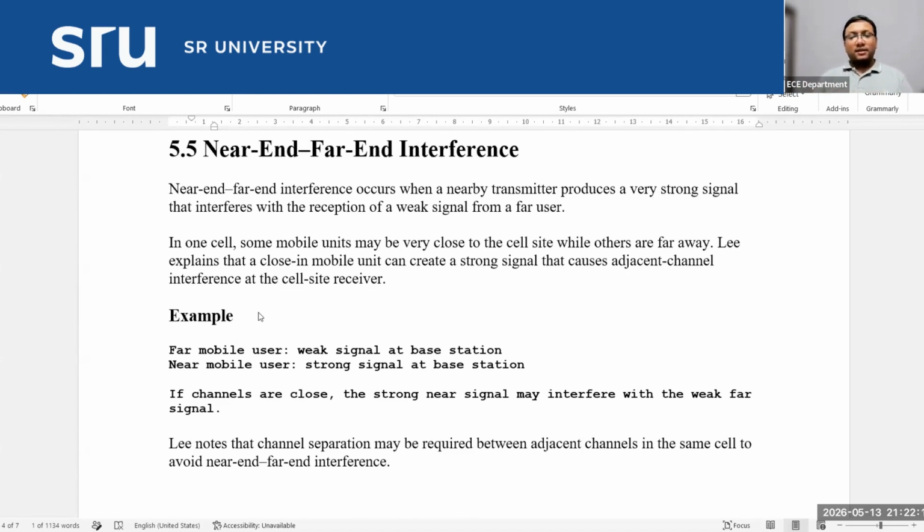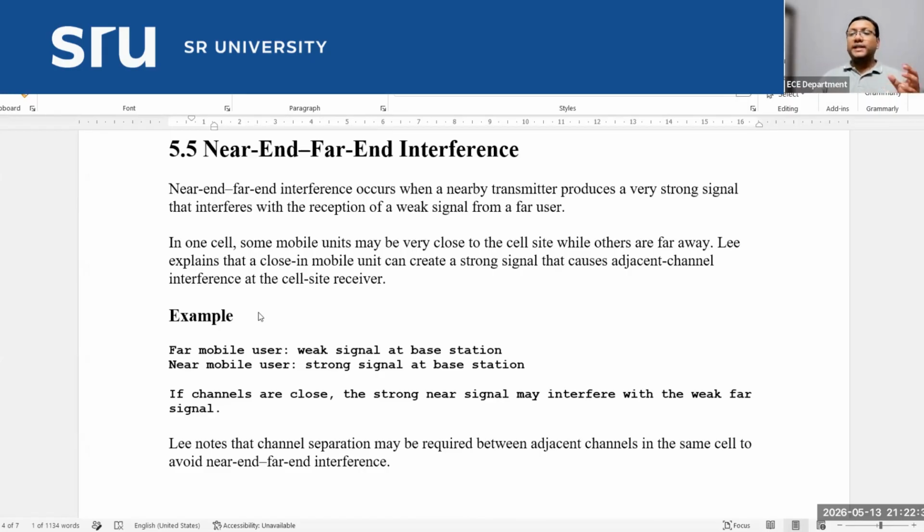At the same time, the user is getting some signal from the other base stations, but that signal is strong. These types of cases are called near and far end interference.